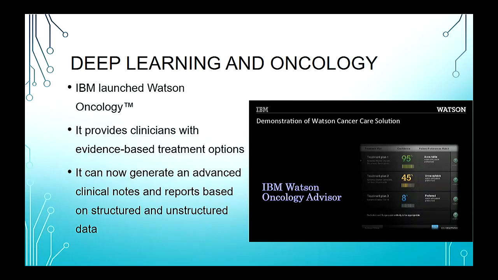It seems that Watson is as good as all the human oncologists. So then the question is, would IBM Watson replace radiologists? I don't know the answer to that question, but we will see.